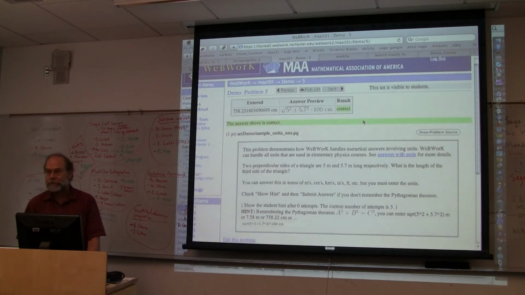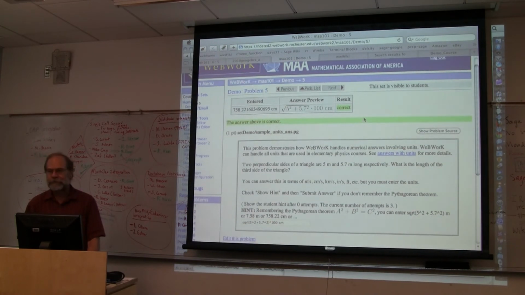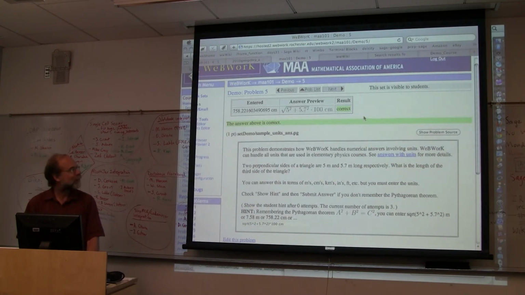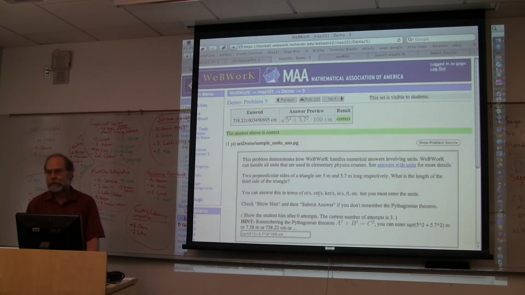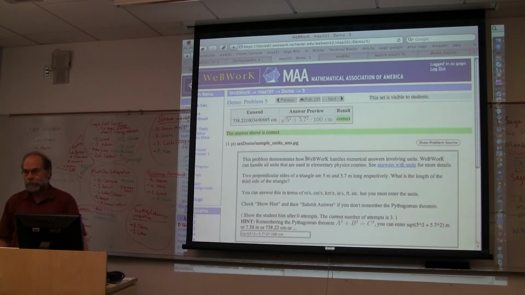Yes? As a scientist, let me make a comment about this, because I was thinking about the units package as it's been installed in Sage. I don't use it. The way I do units is I set up variable names and use those as the units, because in a physical calculation the units are just a multiplier on your number. And that's exactly how this is implemented.